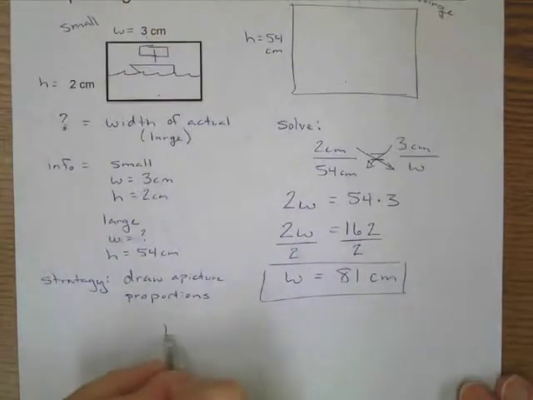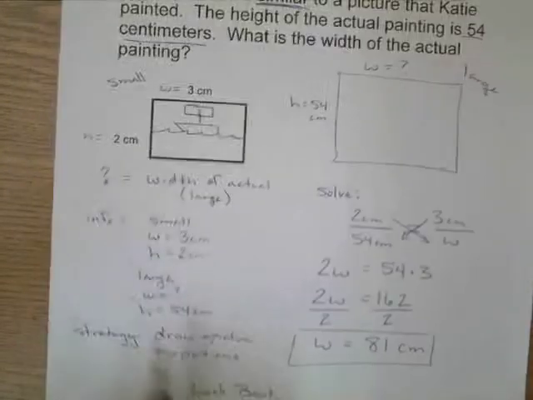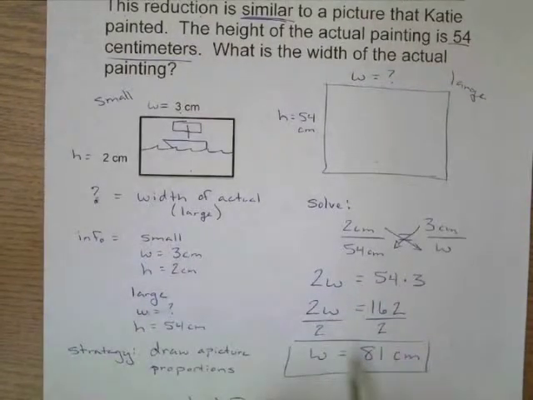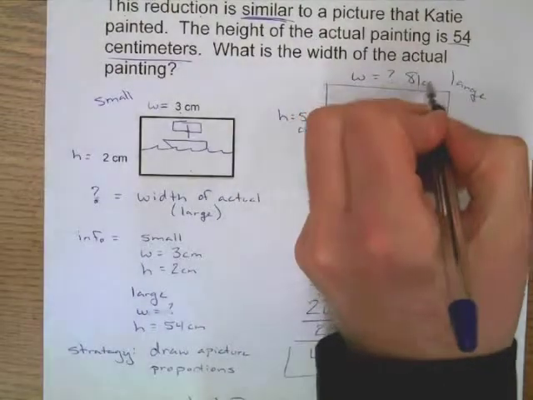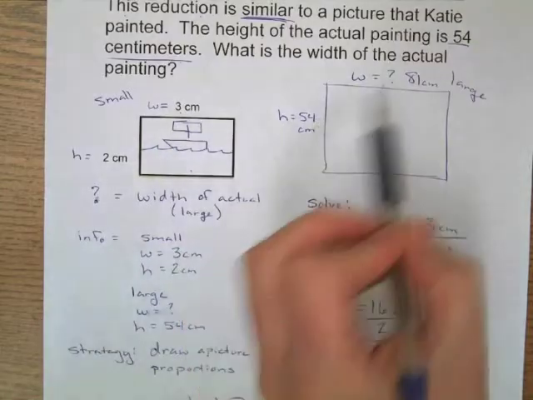I want to do a little look back here. I want to double check my solution. So I know that if this is 81 centimeters, it should have the same ratio as this painting.